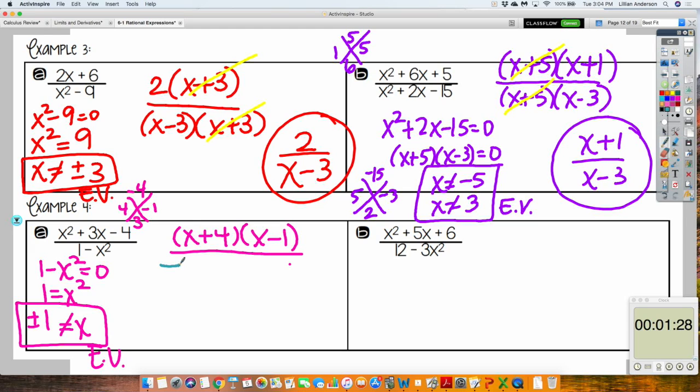Factor out a negative 1 any time the x squared term is negative. Because when I factor out a negative from both of those terms in the bottom, my x squared becomes positive and my other number becomes a negative. And what does it look like?